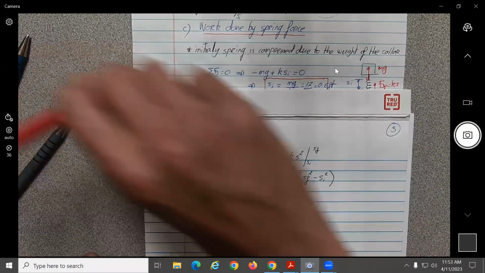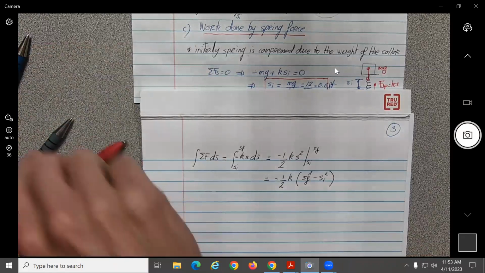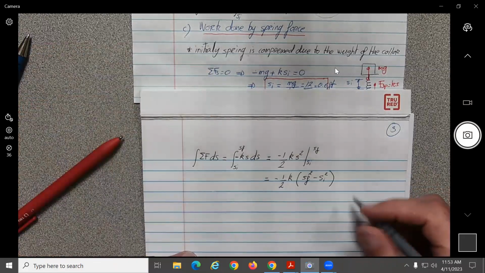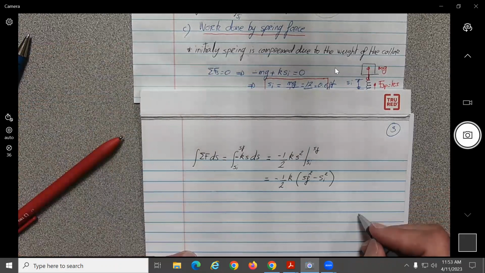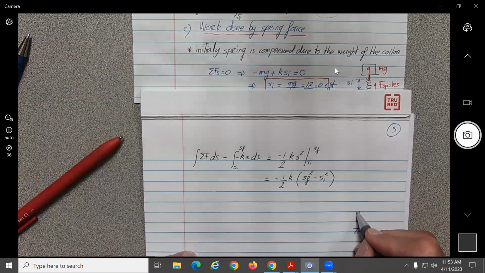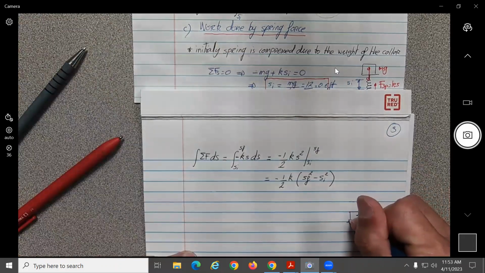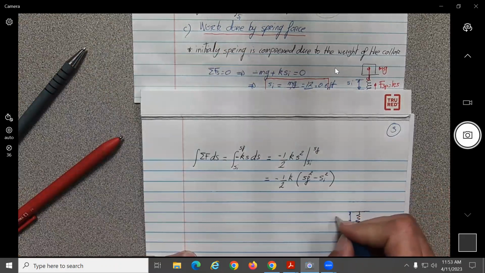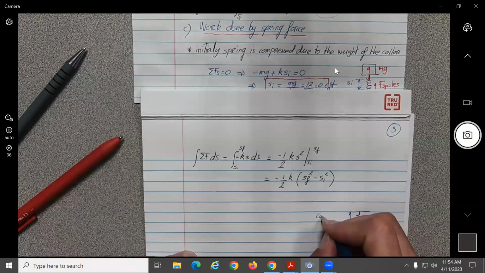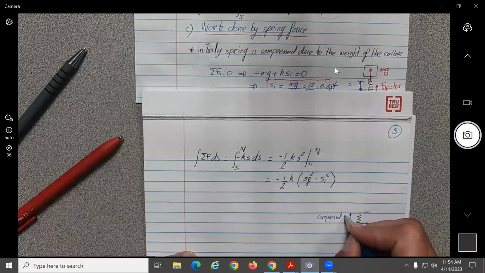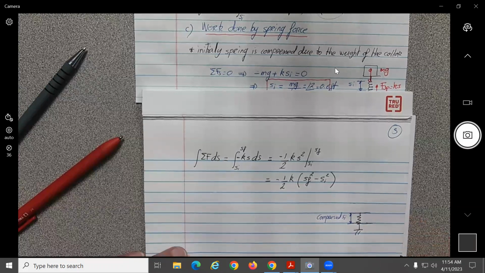Maybe we can do a figure here. Maybe this over here. As you mentioned, here it is compressed, as initial.